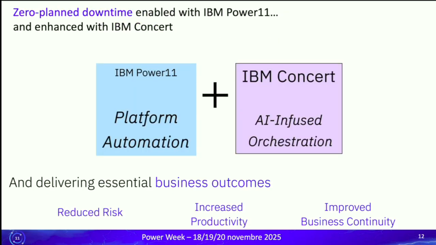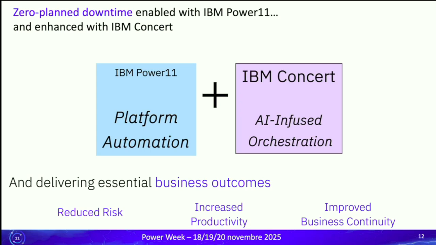So IBM Concert brought the automation capabilities into it because of all the items I shared with you earlier on, things that need to be checked. It's done manually. What are the dependencies? It needs to be checked manually. What are the common vulnerability exposures in terms of the application or the software? It needs to be done manually.